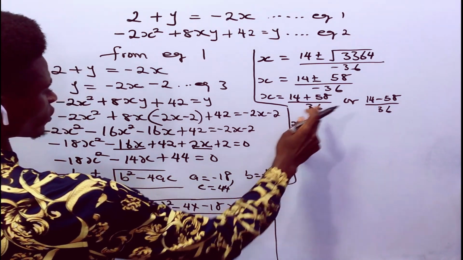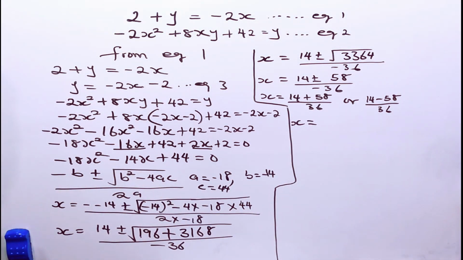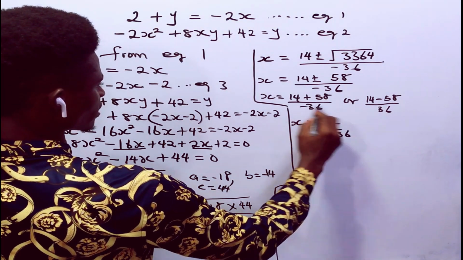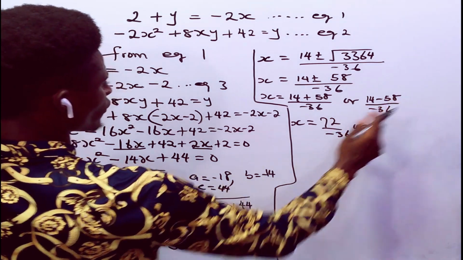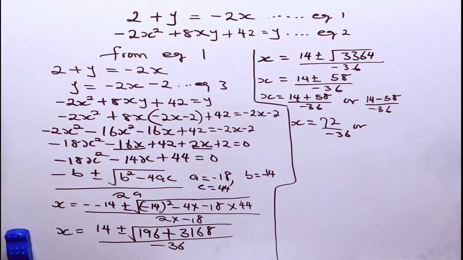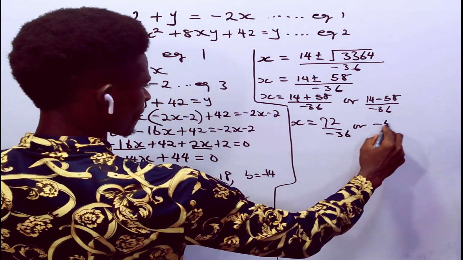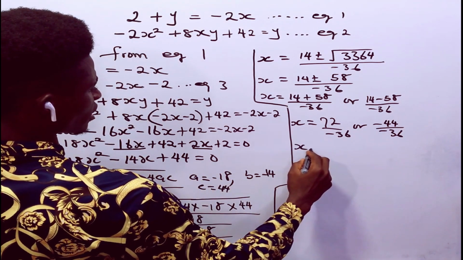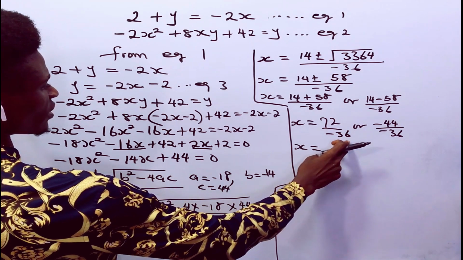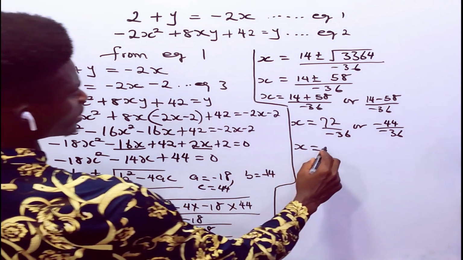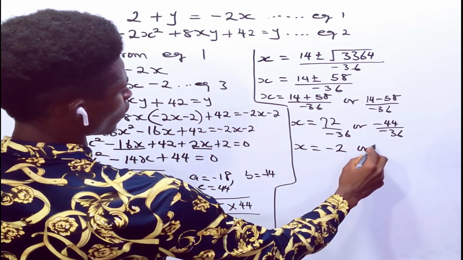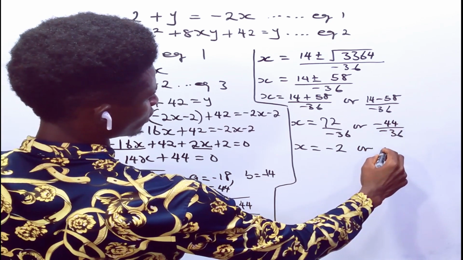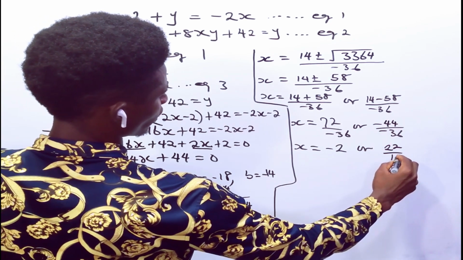Then x will now be 14 plus 58 is 72 over negative 36, or 14 minus 58 is negative 44 over negative 36, so that x will be equal to 72 divided by negative 36, which is negative 2, or negative 44 divided by negative 36, which gives us positive 22 over 18.